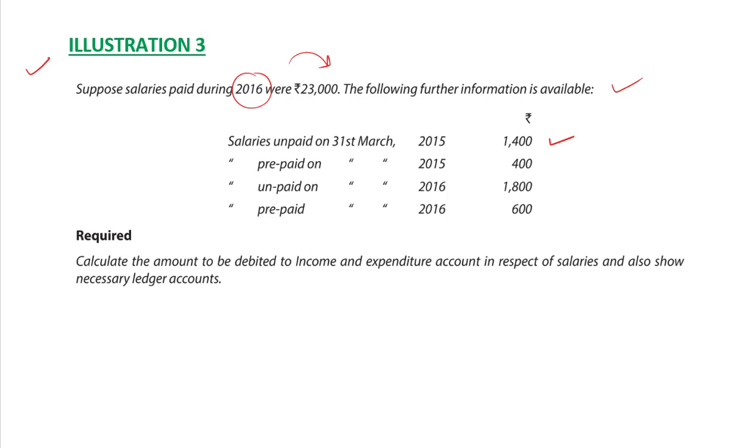Salaries prepaid on 31st March 2015 is 400. Salaries unpaid on 31st March 2016 is 1800, and salaries prepaid on 31st March 2016 is 600. Calculate the amount to be debited to income and expenditure account in respect of salaries and also show the necessary ledger accounts.